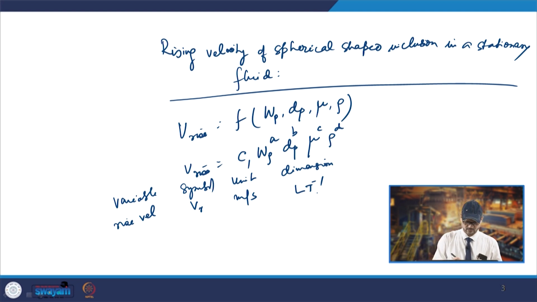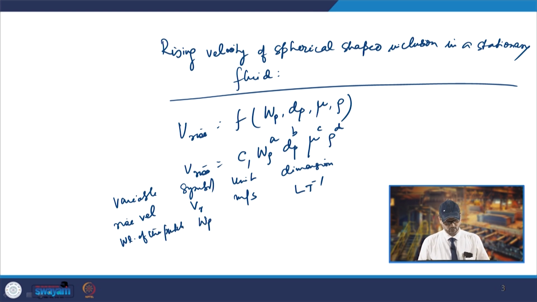Similarly, you have the weight of the particle, denoted by Wp. It will be kg meter per second square, and the dimension will be M L t minus 2.